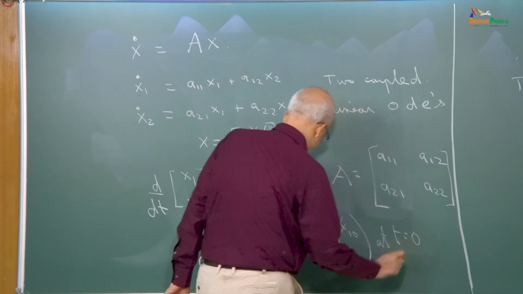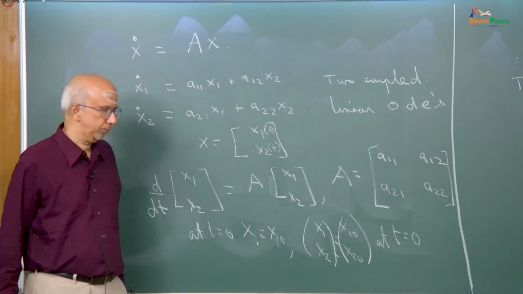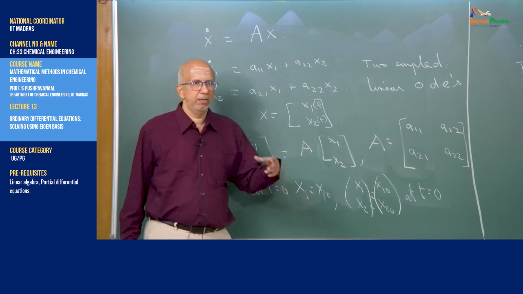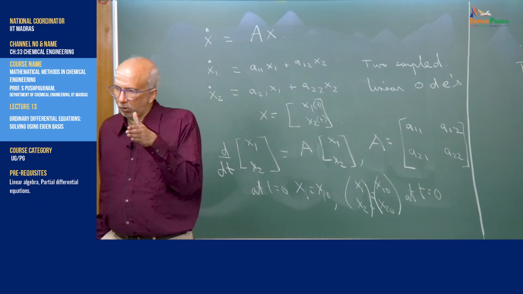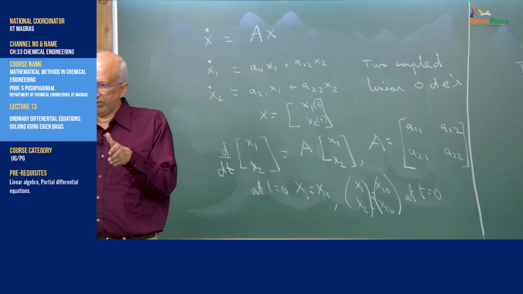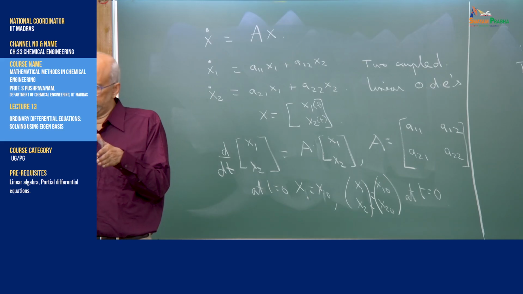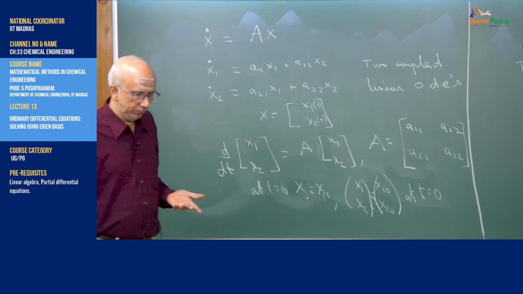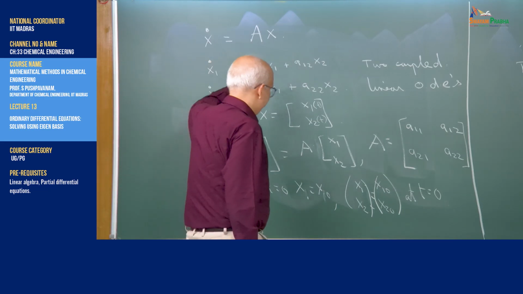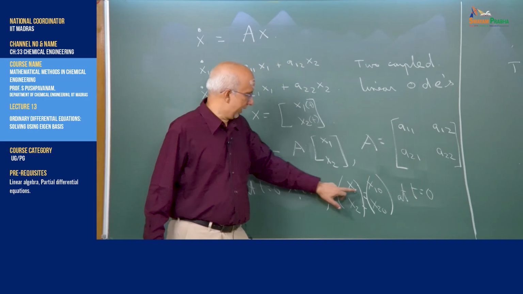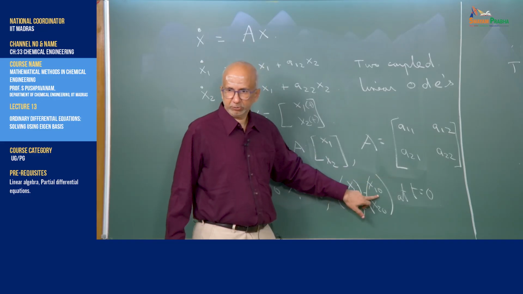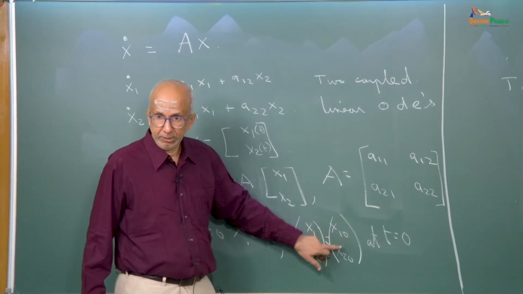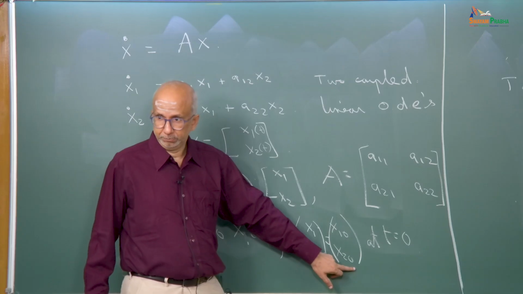So, basically, at time t equal to 0, I need to know the value of both the variables x1 and x2, only then I can solve. That is the initial condition. Because of two variables, I need to specify both at t equal to 0: x1 is some value which is known to me, x2 is some value which is known to me.